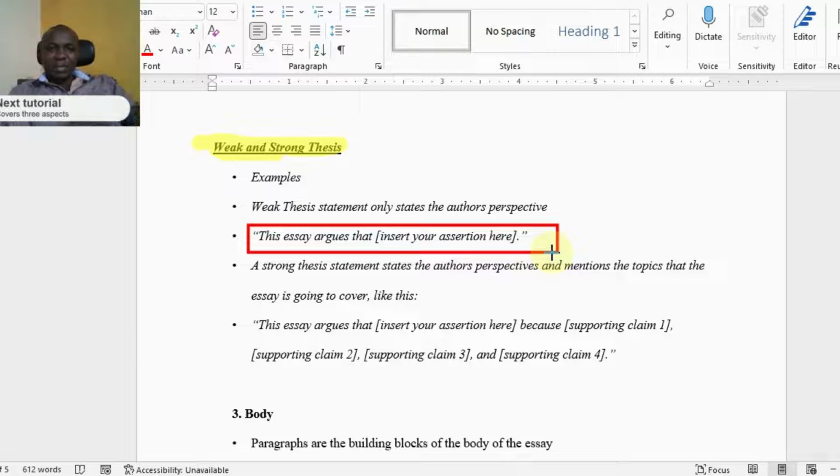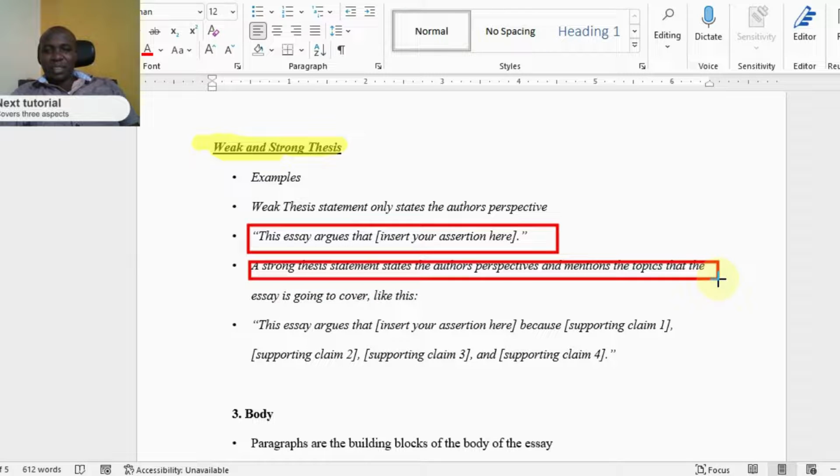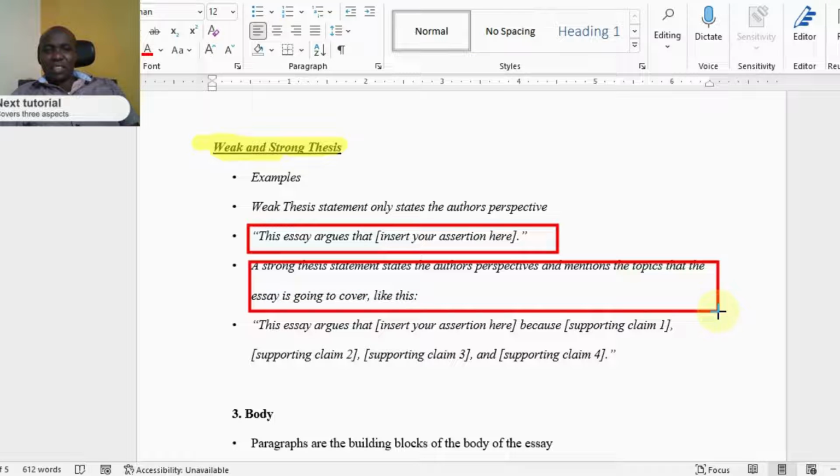This essay argues that, insert your assertion here. A strong thesis statement will state these perspectives and demonstrate topics that the essay is going to cover, like I've mentioned above.